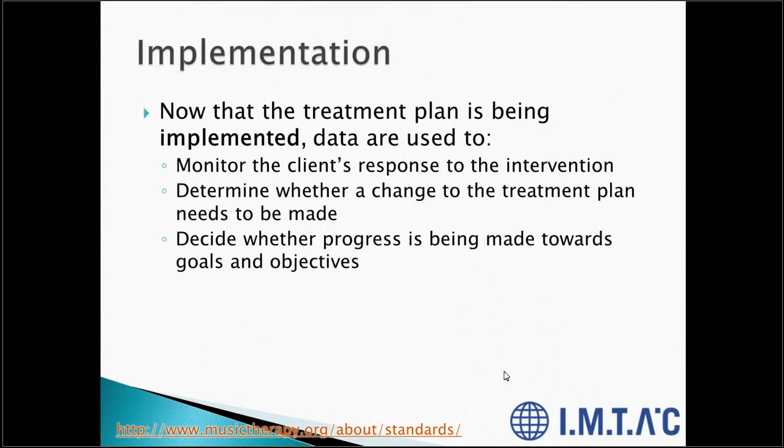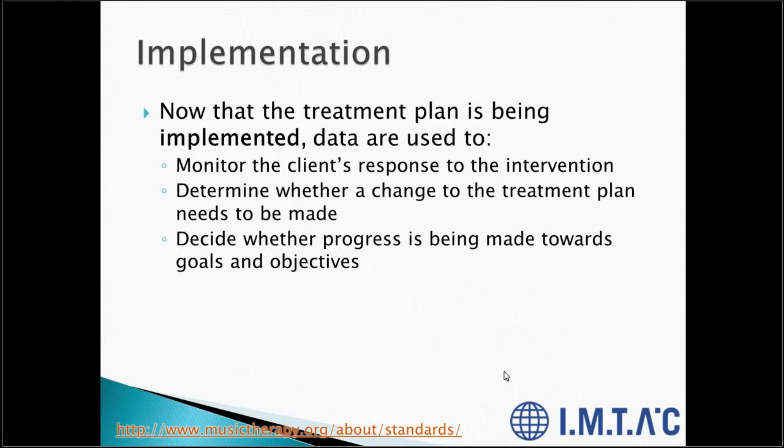Implementing treatment is all about progress monitoring and monitoring the response to a particular intervention. We can use interviews as a way to gauge someone's responsiveness, what their thoughts and perceptions are about treatment.